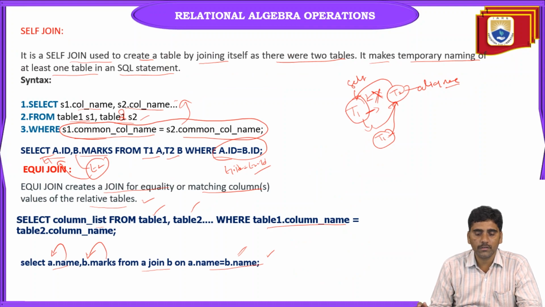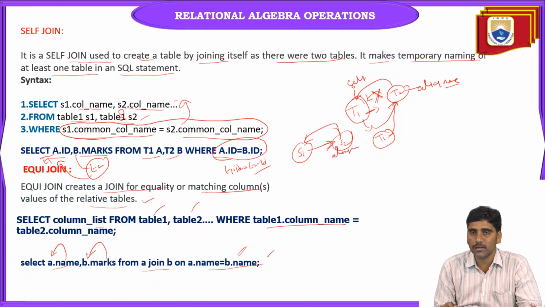And self join. Self join joins a table to itself, as if there were two tables, though only one table is there. So we need to join it with itself. It means you need to create one more table, S2, as an alias name for the main table.